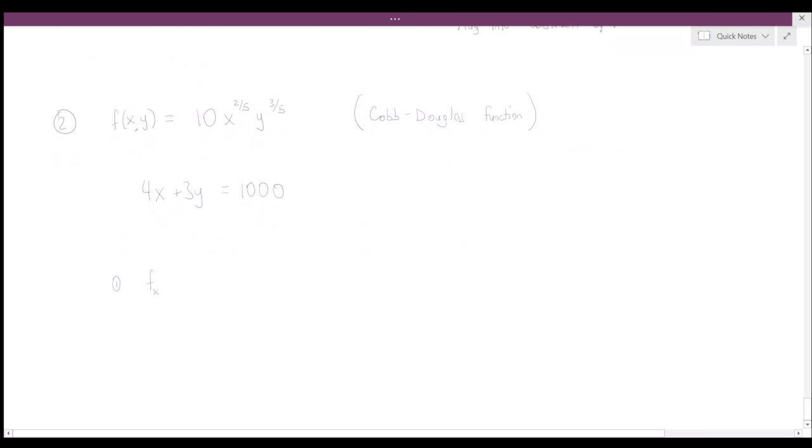So we're going to need fx first. So for fx, doing the partial with respect to x, it's a power rule, so bring the 2/5 out front. Then decrease the exponent by 1.